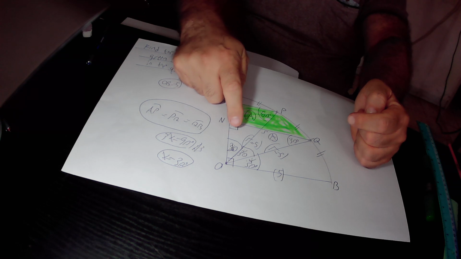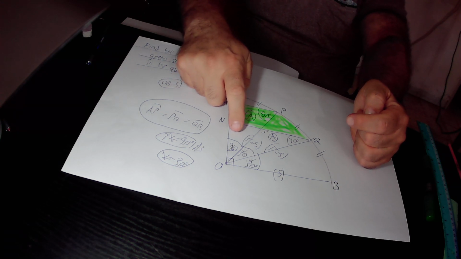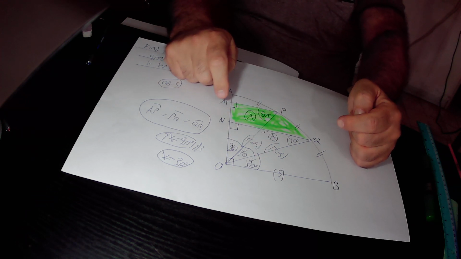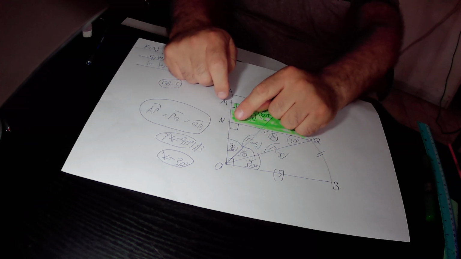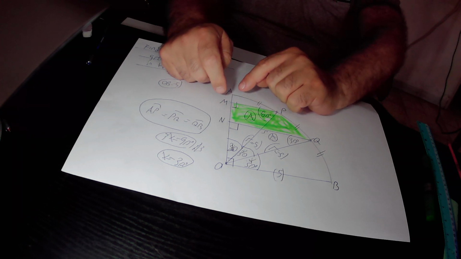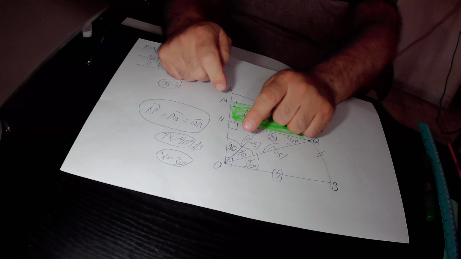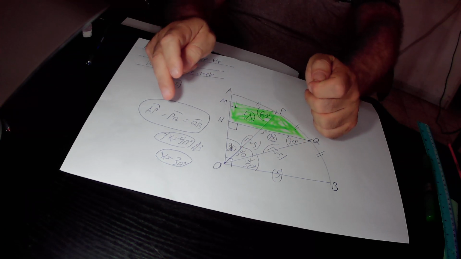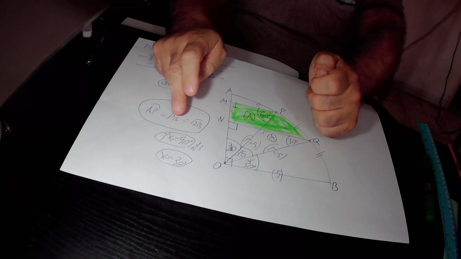So we have x plus x plus x. In total, the sum of those three central angles is equal to the big angle AOB. But the big angle AOB equals 90 degrees, and therefore 3x equals 90 degrees.